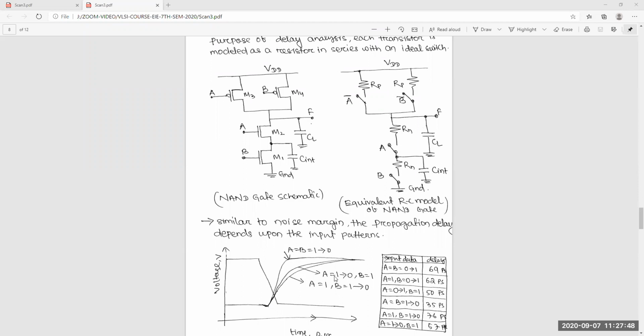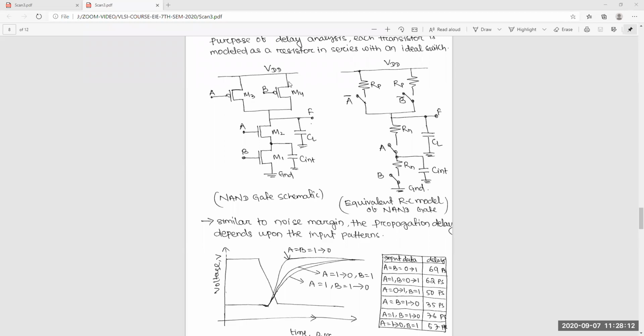The other cases are A going 1 to 0 with B equal to 1, or A equal to 1 with B going 1 to 0. In these three cases you can easily calculate. Here both transistors will be on, and A is 0, B is 0.